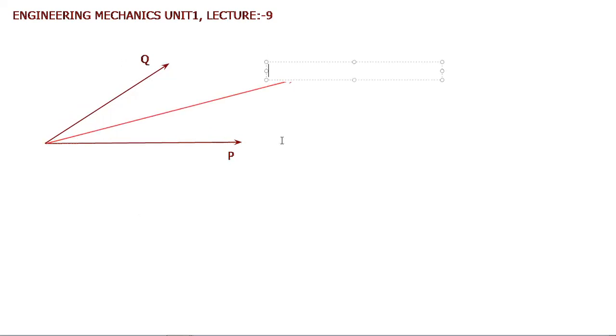So this we have already studied, that R square is equal to P square plus Q square plus 2PQ cos of theta.